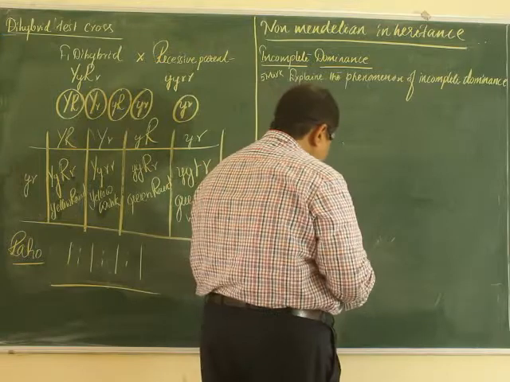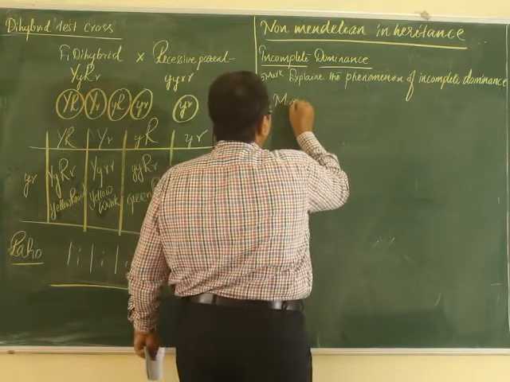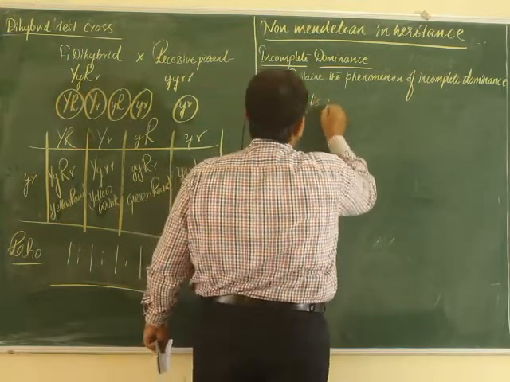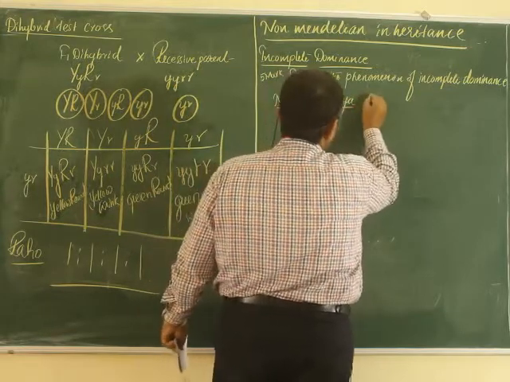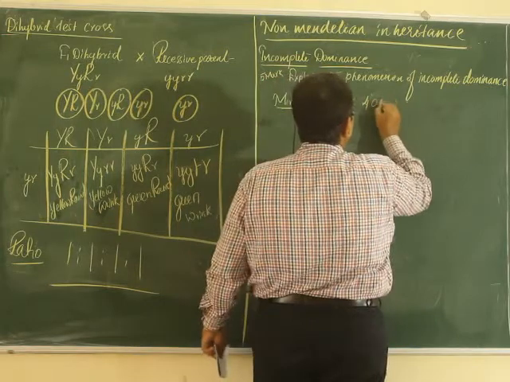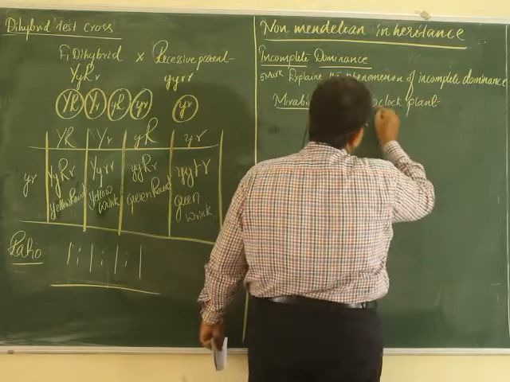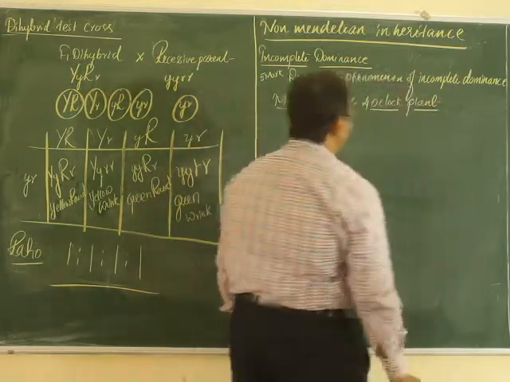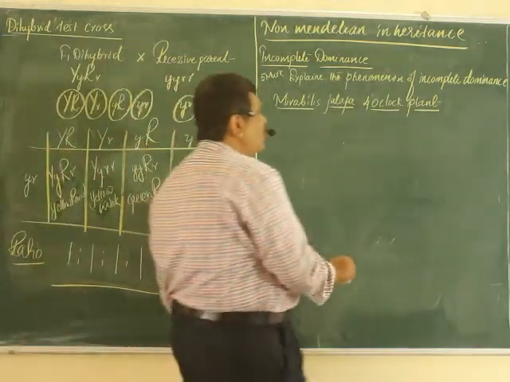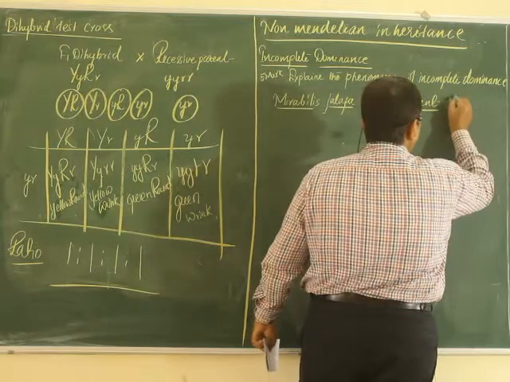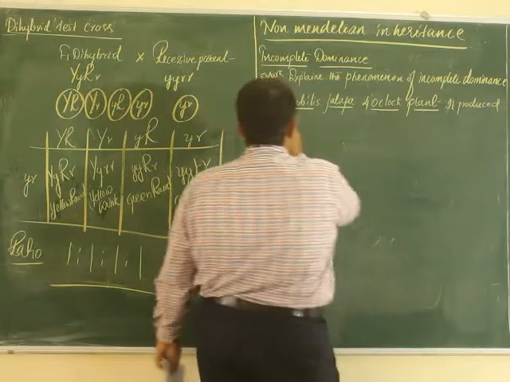It was observed in Mirabilis jalapa. It's also called 4 o'clock plant. It is called Mirabilis jalapa, 4 o'clock plant. It has 2 types of flowers.